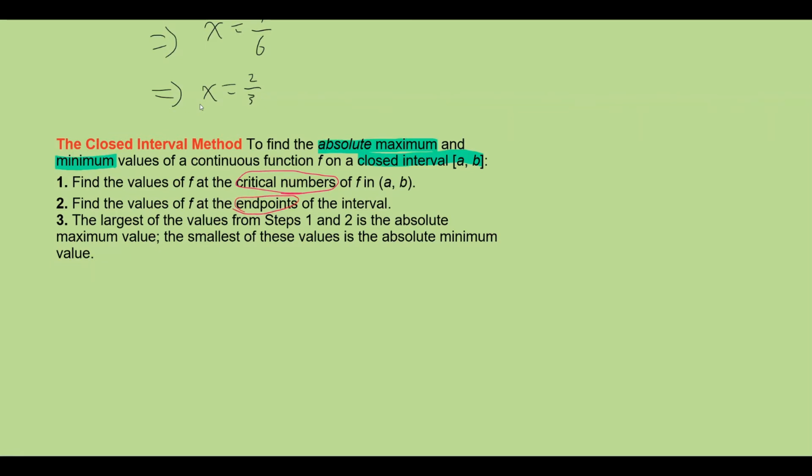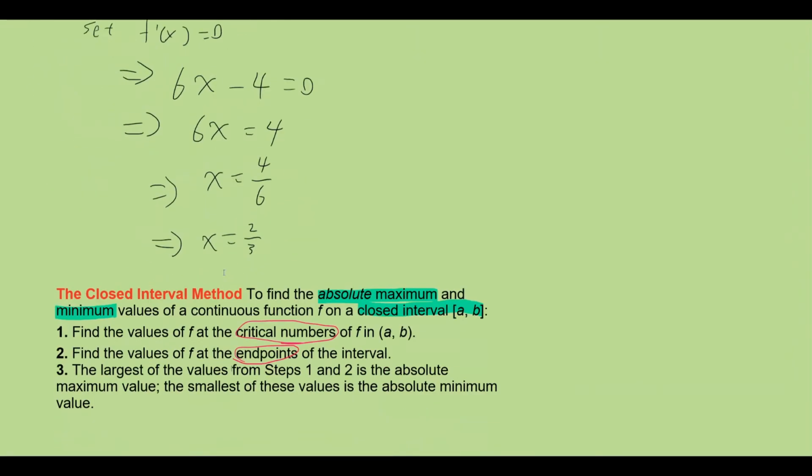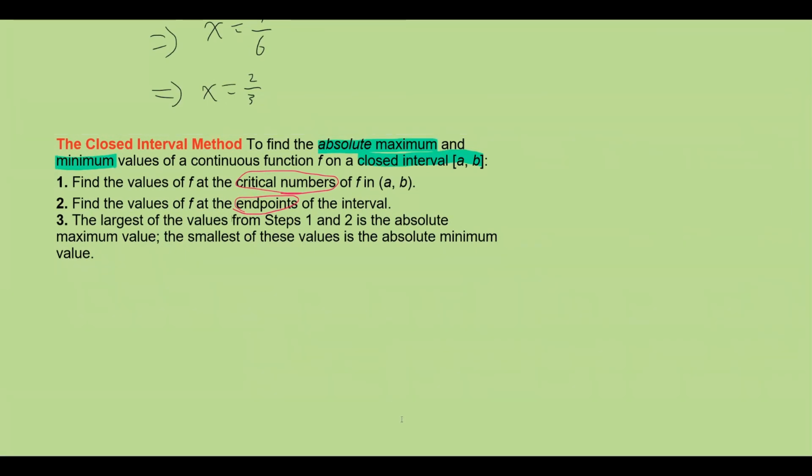At the endpoints. And then we just compare all their function values from 1 and 2, and whichever is the largest one, it will be the absolute max, and whichever is the smallest one, it will be the absolute min. And let's use our previous example to check if we have any absolute max or min.